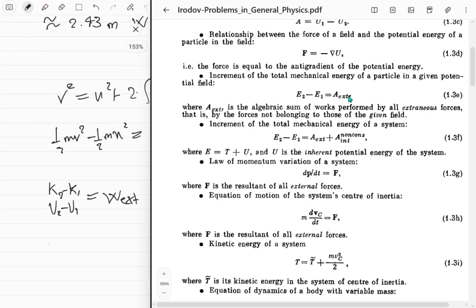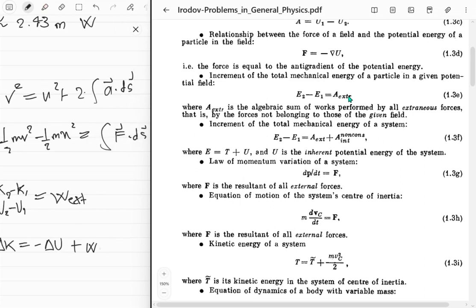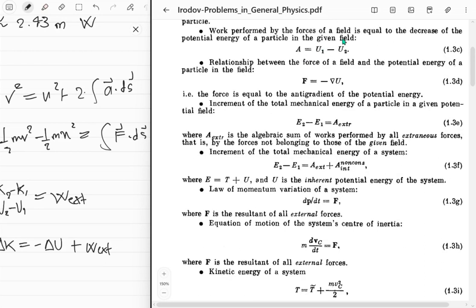Okay, which is basically saying K2 minus K1, which is our delta K, is equal to negative delta U plus work done external. Now there was something about negative delta U, I think. Right, work done by the forces of a field, so a conservative field, is equal to the decrease of potential energy.